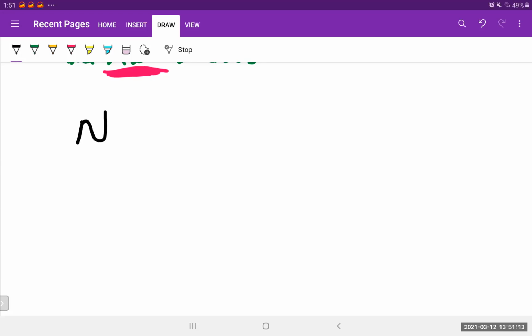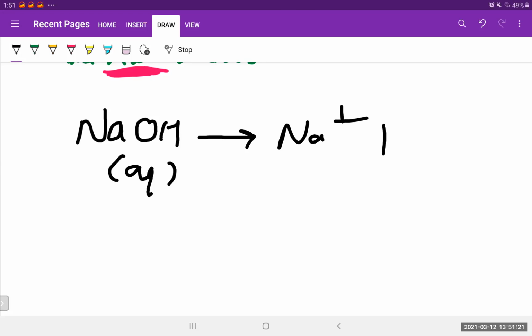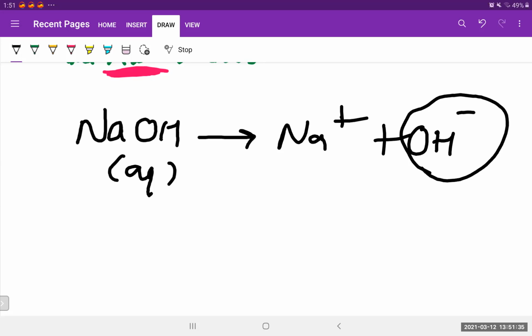We actually write it as NaOH in aqueous state, and it will give us Na plus and OH minus. I hope that this is crystal clear to everybody. So an alkali is a base soluble in water. All alkalis furnish us with this OH. Very important.